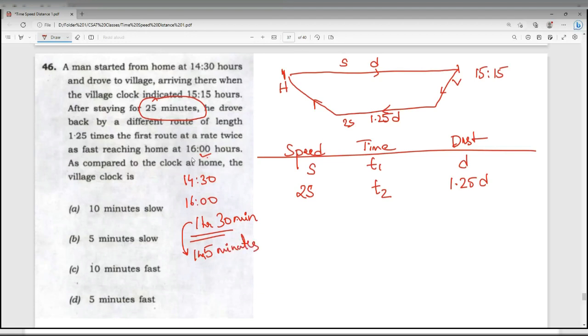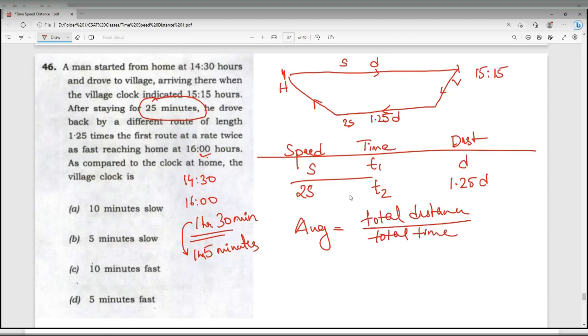So let's calculate the average speed. We'll calculate T1 and T2 here. The average speed is total distance upon total time taken. So total distance here is D plus 1.25D, and the total time taken is T1 plus T2.